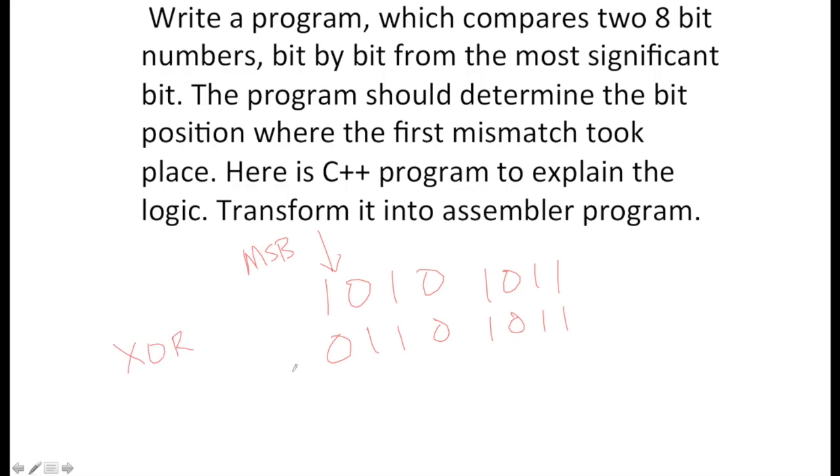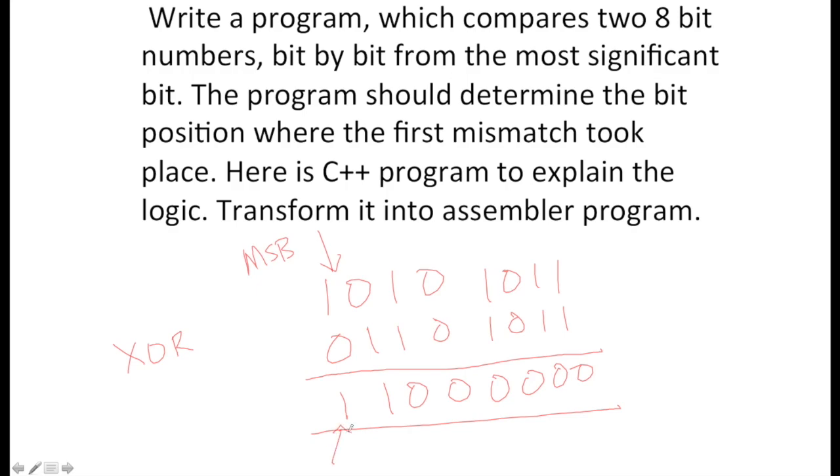You can consider using the XOR operation. If you have two 8-bit numbers and you do a bitwise XOR, it compares the two values, and if they are different, it gives a 1. If they are the same, it will be 0. So these two bits, when XORed together, look like this.